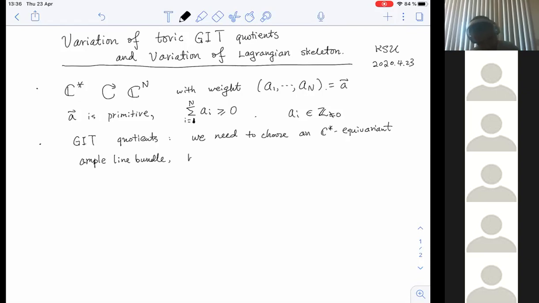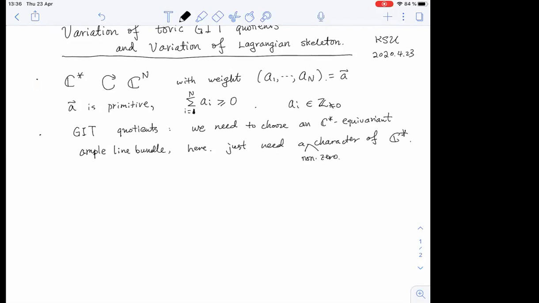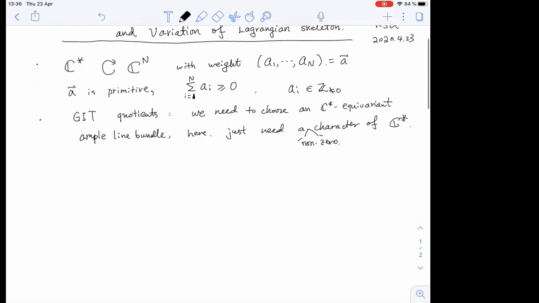So there will be two possibilities, but I tend to think in terms of symplectic geometry.